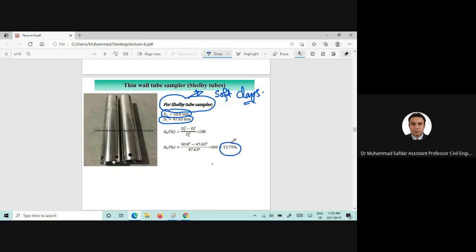And if you compare the area ratio with the standard one, it is much closer to 10%. So we would say that if you are going to use the Shelby tubes, this will give us the undisturbed samples.